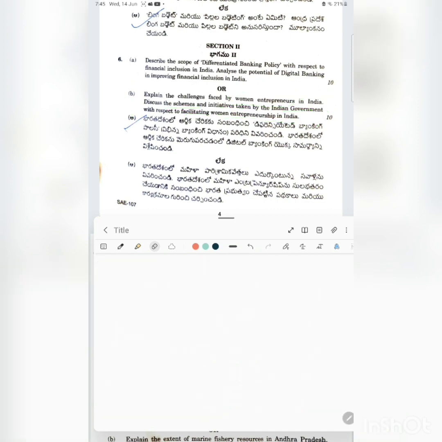I wrote this immediately, as in the last 2 minutes I had only 2 minutes of time to complete this part. Then, discuss the schemes and initiatives taken by the Indian government.